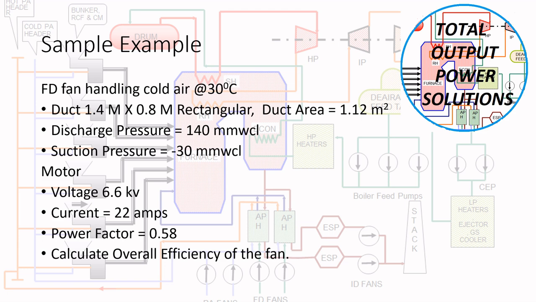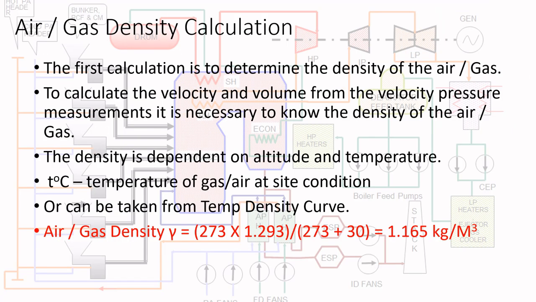This is an example we take. First of all, we calculate the air or gas density flowing through the fan. The first calculation is to determine the density of the air or gas. To calculate the velocity and volume from the velocity pressure measurements, it is necessary to know the density of air. The density depends on altitude and temperature. T degrees centigrade is the temperature of the gas or air at the site condition, or it can be taken from the temperature density curve.